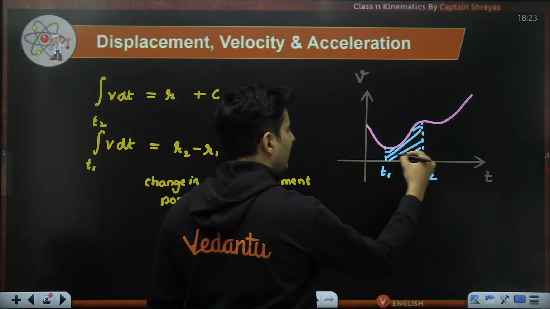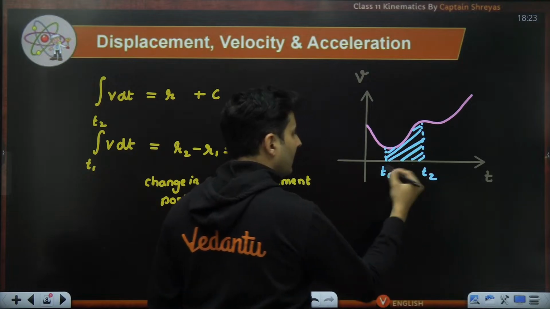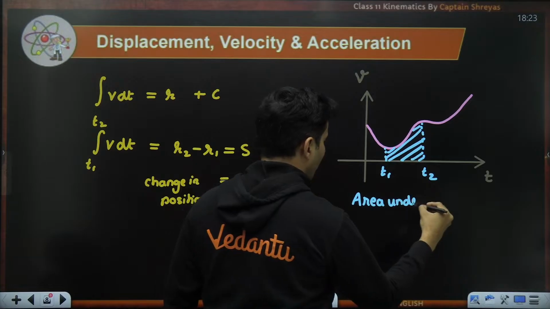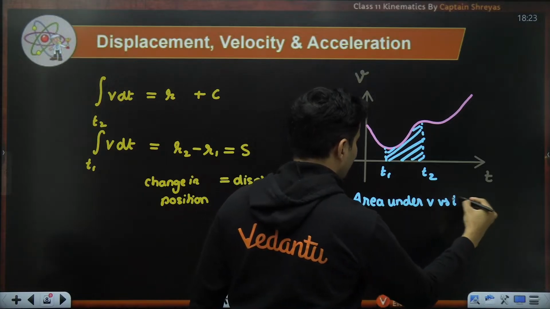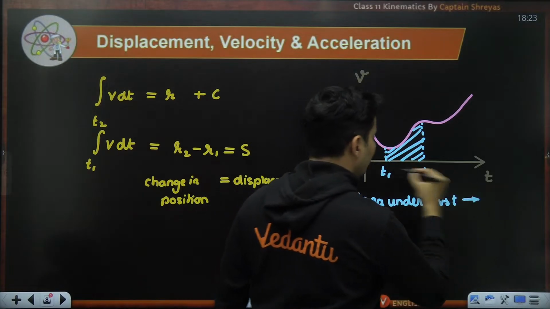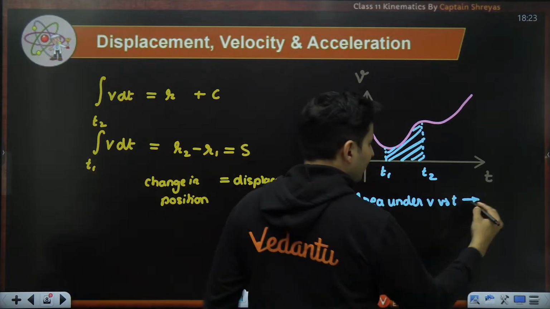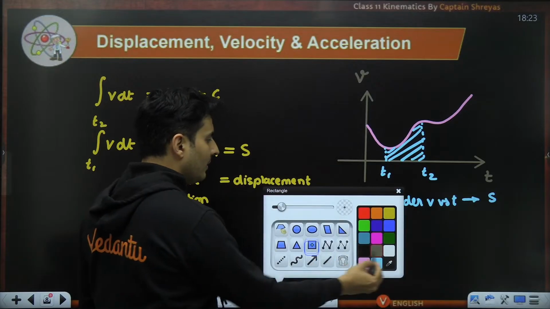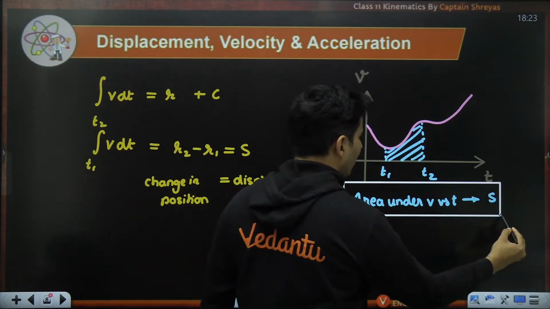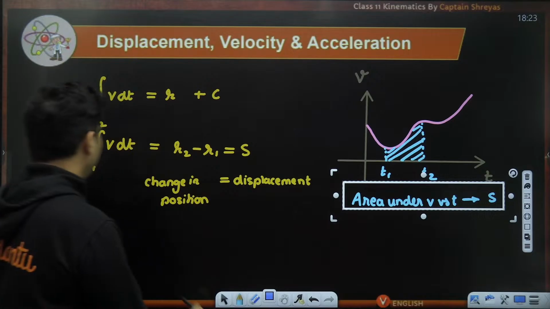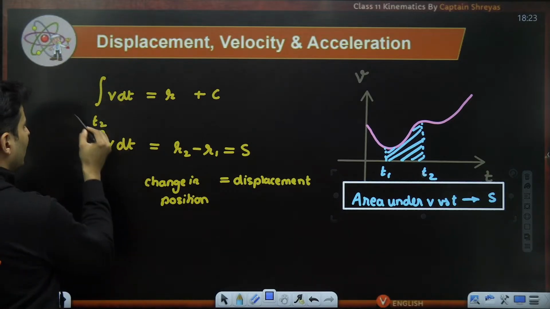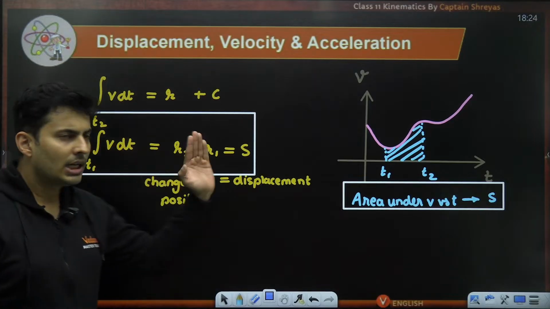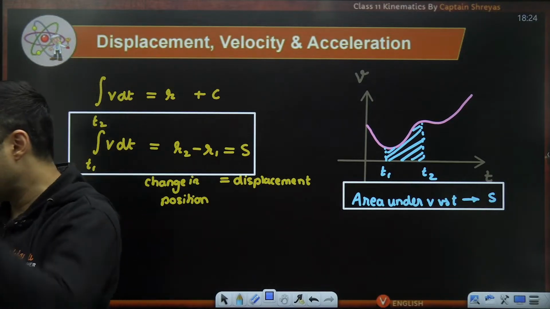This area that you see over here, area under velocity versus time, that is going to give you this value, which is nothing but displacement. So area under velocity time is displacement. Also, I can block any of these formulas, which is very, very important. Clear, guys? Give me a thumbs up quickly.